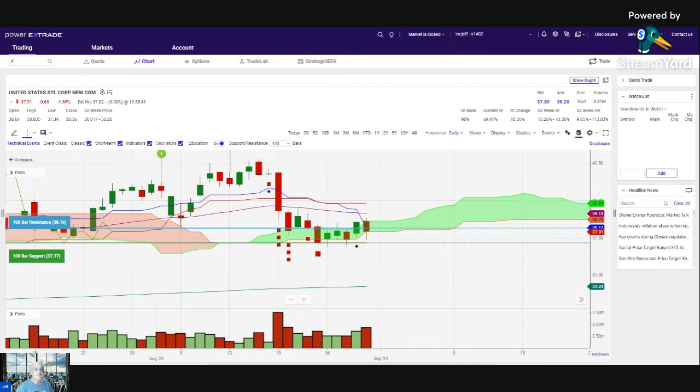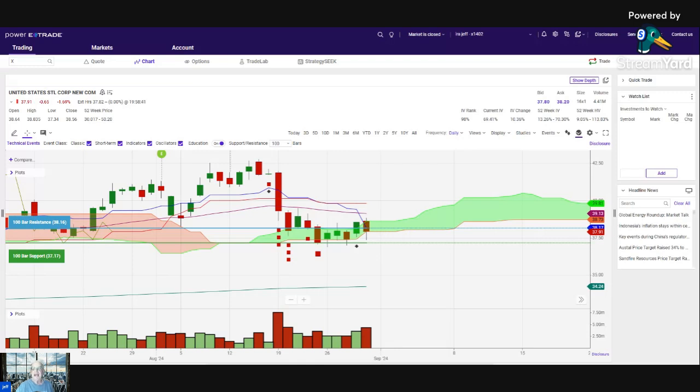So now I'm going to show how I built this. This is what I used to build it. I want the price below the cloud. I want the price between 10 and 50.